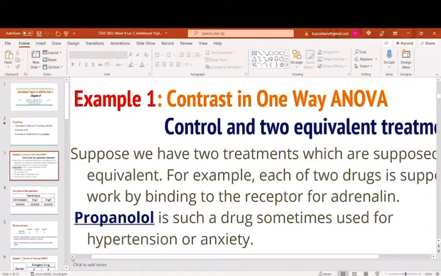Another difference between contrast and the post-hoc test is that with the post-hoc test, whether you are using Fisher LSD, Tukey or Bonferroni, you are comparing the levels of treatment on a head-to-head basis. But with a contrast, you can actually compare one level of the treatment with more than one level.